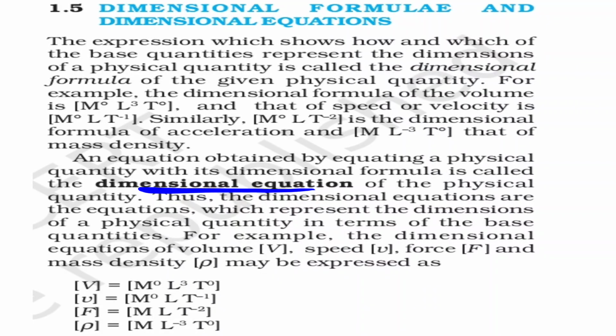For example, the dimensional equations of volume, that is V, speed, force and mass density can be expressed as: for volume we have length cube, for velocity or speed we have T raised to power minus 1, for force we have T raised to power minus 2, and rho, that is mass density, is L raised to power minus 3.